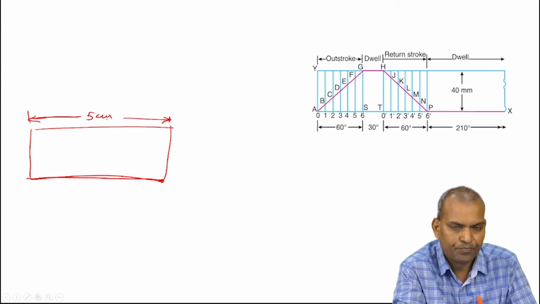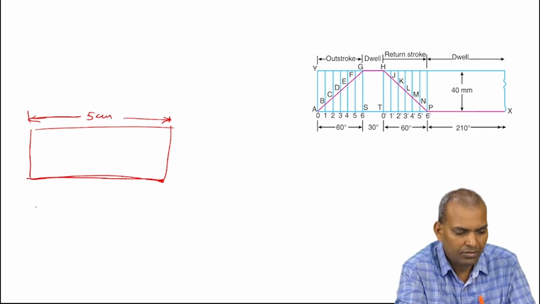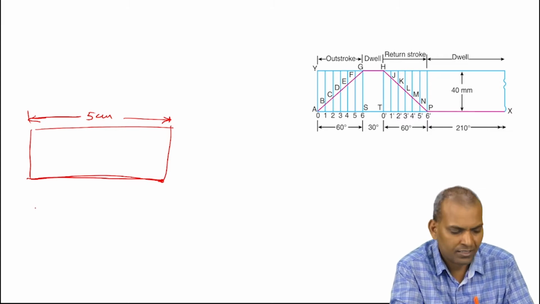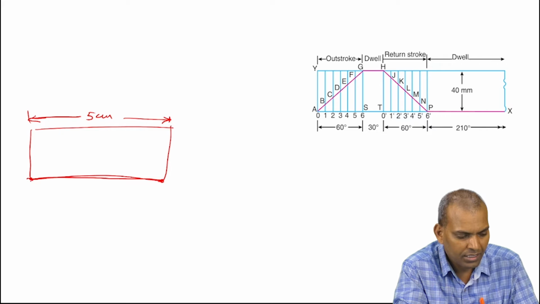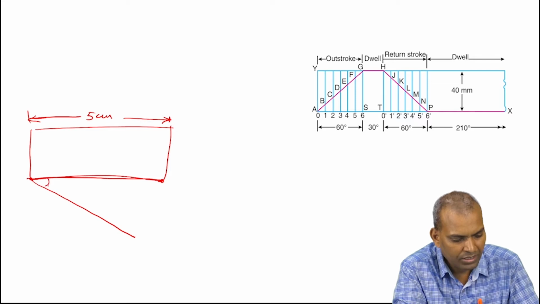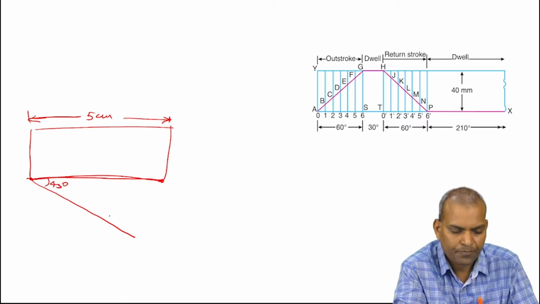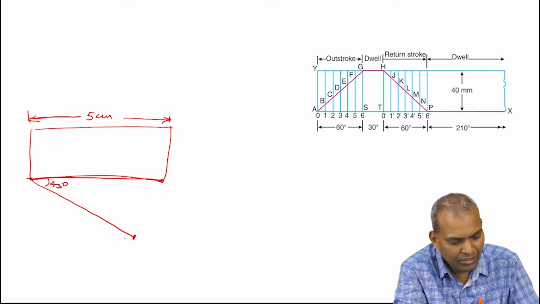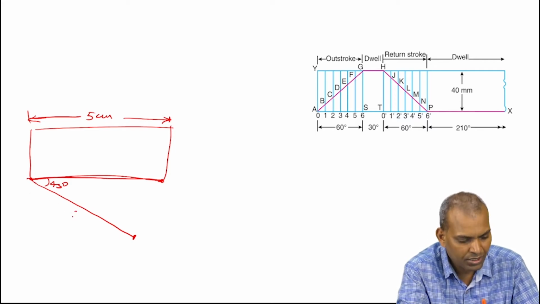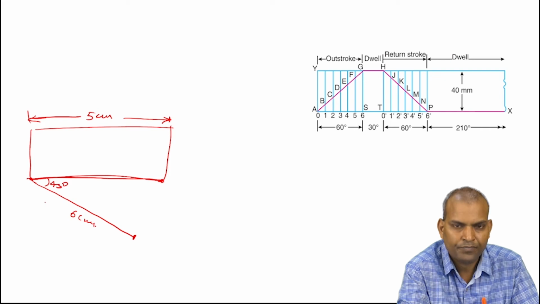Very important, it is the most practical challenge while drawing the linear displacement diagrams. So take some acute angle line, which is having some 45 degrees. You should make it into equal divisions. That equal divisions line is 6 centimeters.